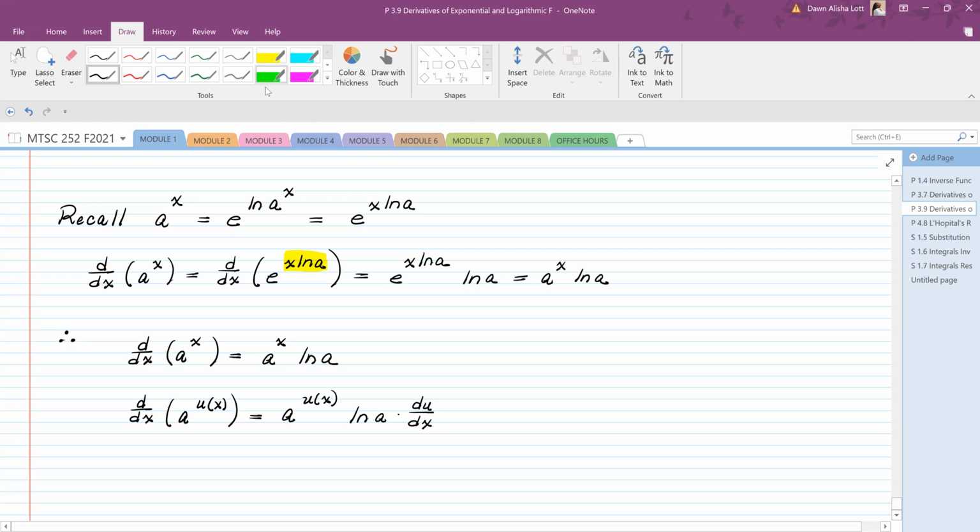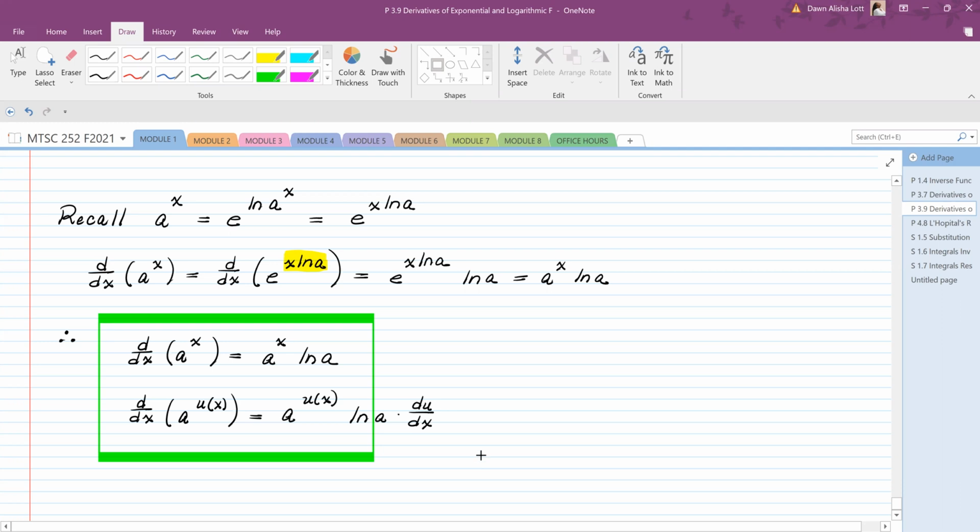And that is every formula from this section that needs to be known.